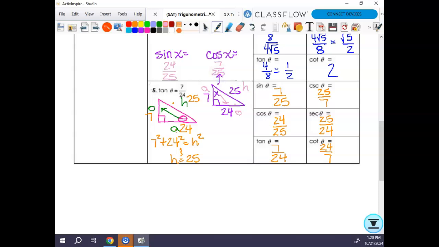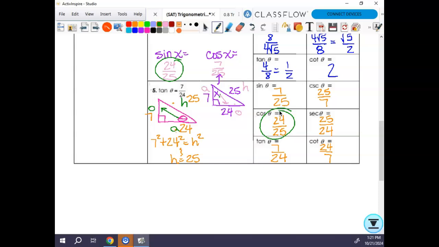So remember, I told you we have a right angle. The other two angles are acute, and they have to give me 90. And because of that, and because when we switched which angle it was, hypotenuse stayed the same, opposite and adjacent switch places, that means sine and cosine switch places. So when I look at this over here, the sine of X, which is 24 over 25, is the same as the cosine of theta.